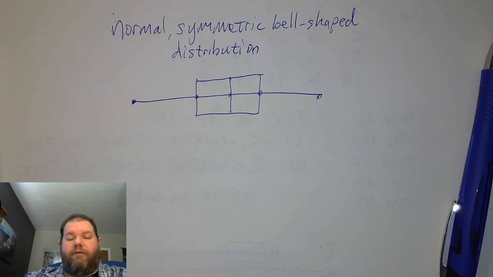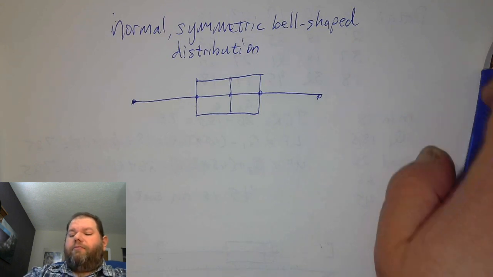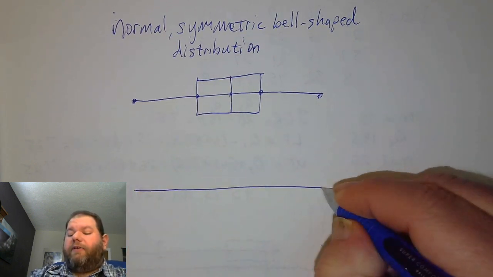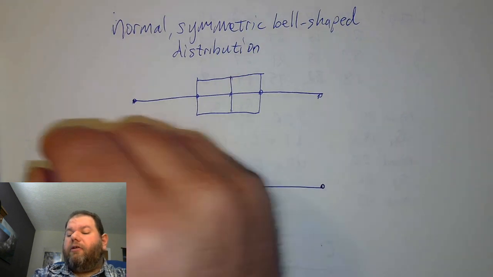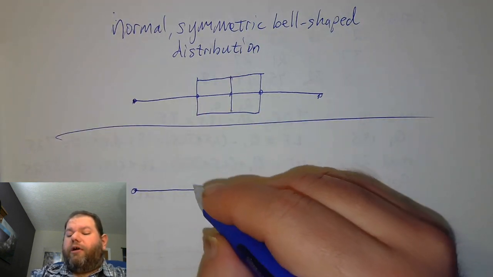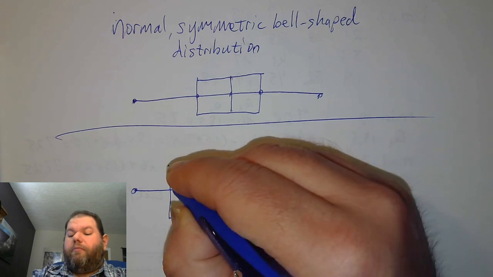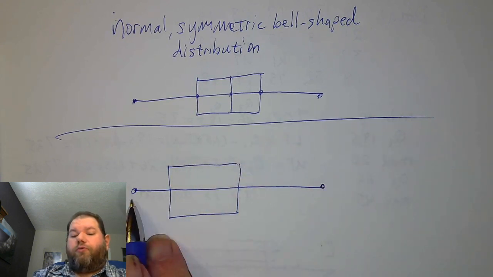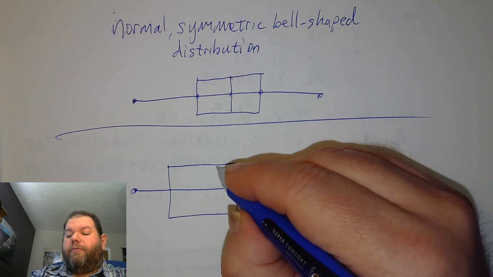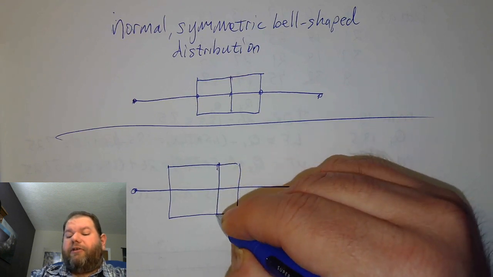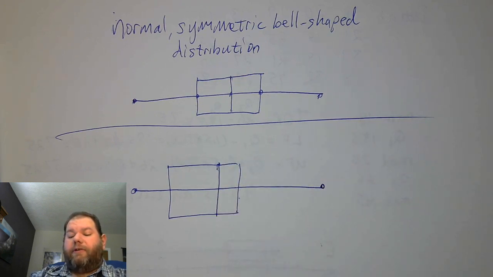There's no guarantee it's going to fit any one of these shapes that we looked at. We might see something like this, where you have a shorter whisker over here than we have here, but the median is actually closer to the right hand side of the box.